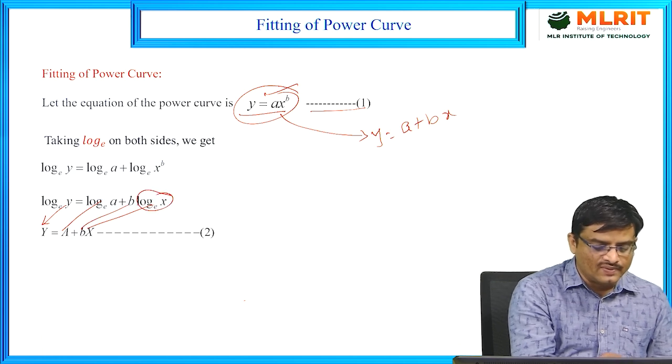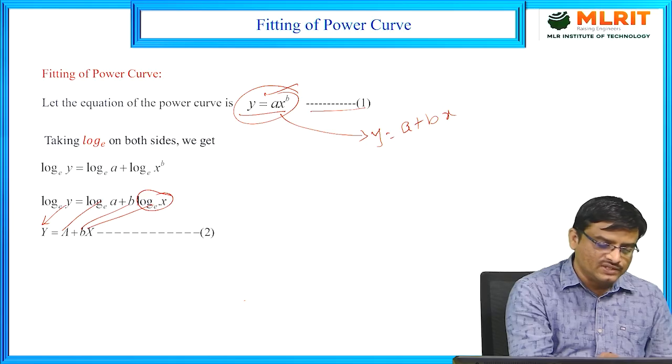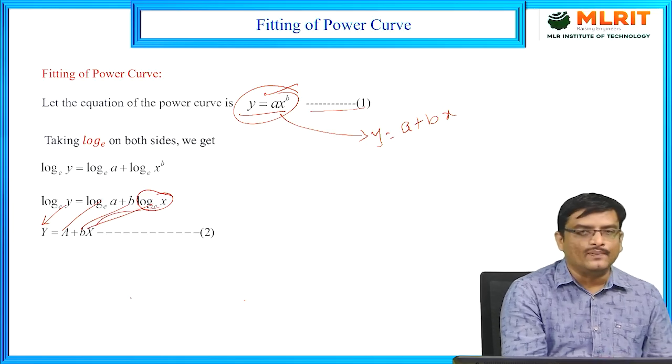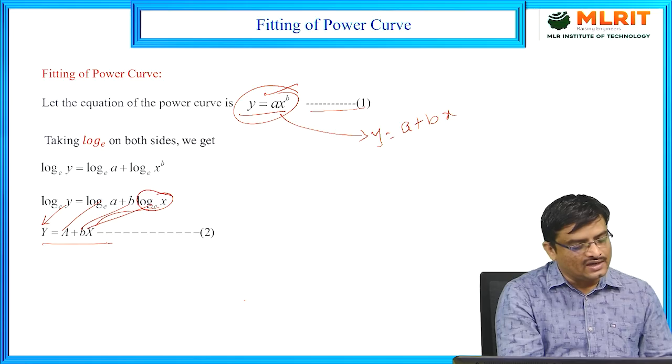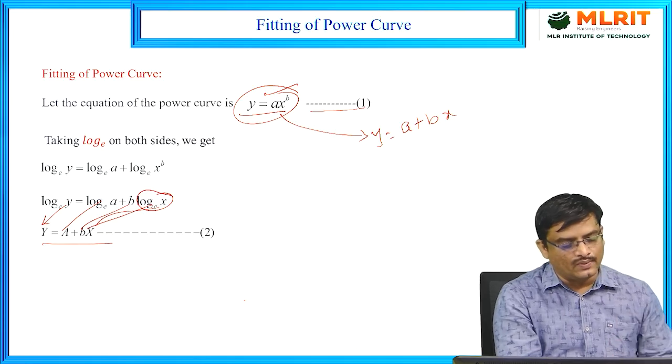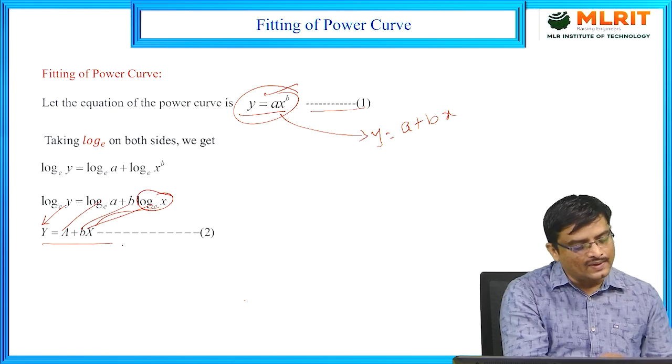Here the x variable is involved in a logarithmic function, so we will consider that as capital X. So this is the straight line form of the power curve: capital Y is equal to capital A plus b into capital X.